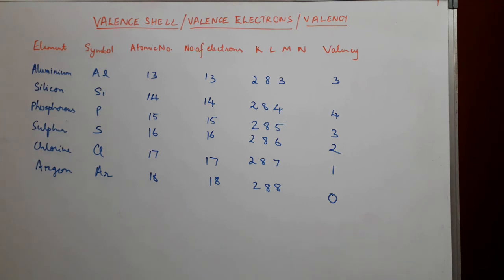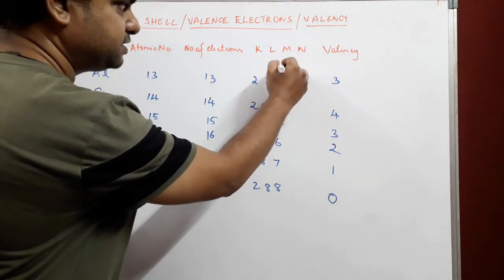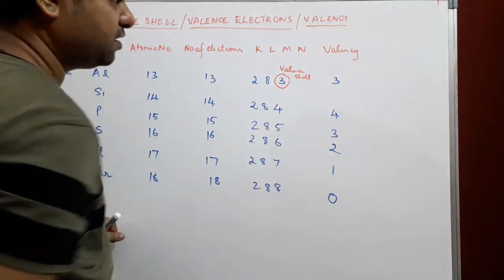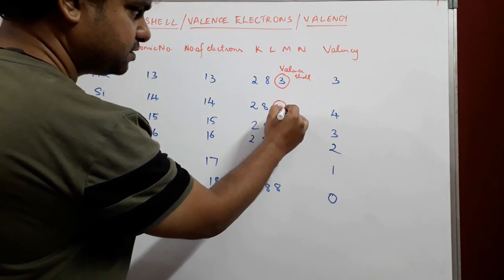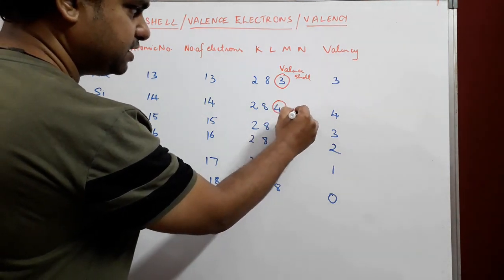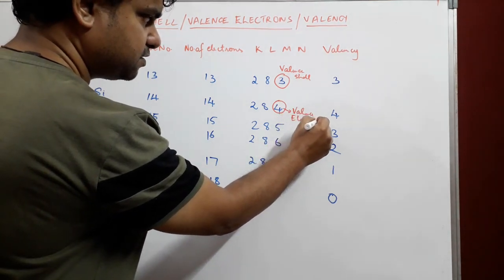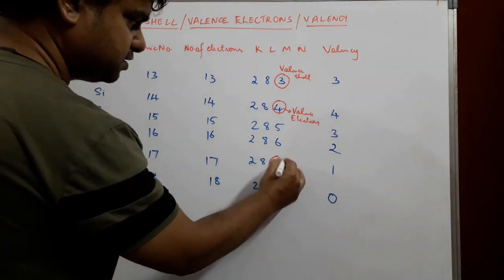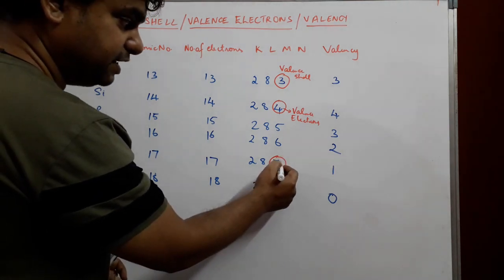Okay. For example, in this case, if I just go to mark, this is the valence shell. The number tells you the valence electrons, and whether it needs to gain or lose, here it needs 1.